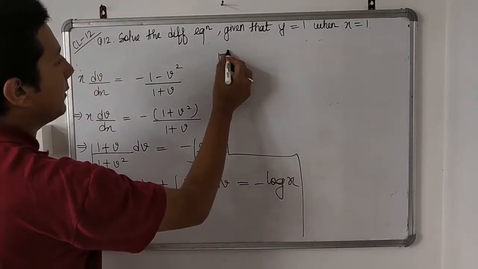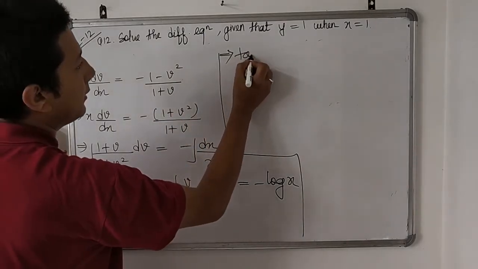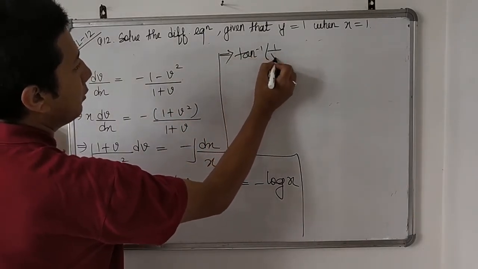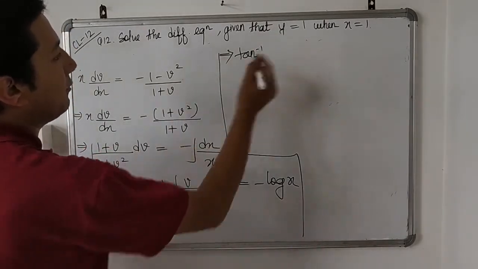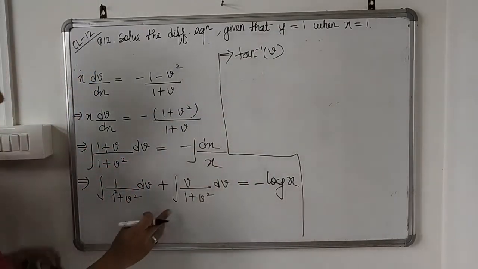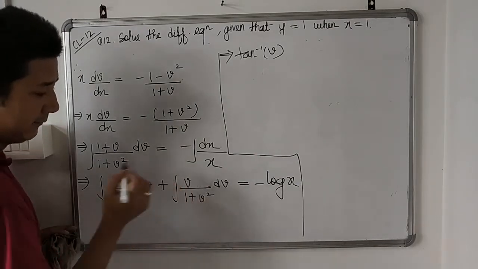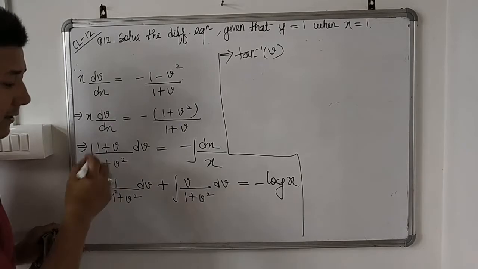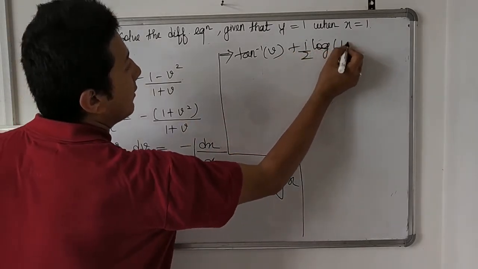Now, I'll be doing this side. Integration of this 1 means 1 square, so x square plus a square, so 1 by a tan inverse x by a. Here a is 1, so it is only tan inverse v. And if you assume this as another variable, you will get 2v, that is half of log 1 plus v square.